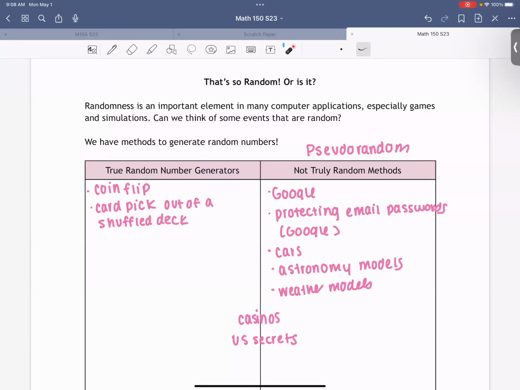A lot of things use pseudo-random numbers, like protecting your Gmail password, or even your car transmitting a signal to a traffic light. Most things actually do use pseudo-random numbers because a computer can't actually flip a coin or take a card out of a deck.